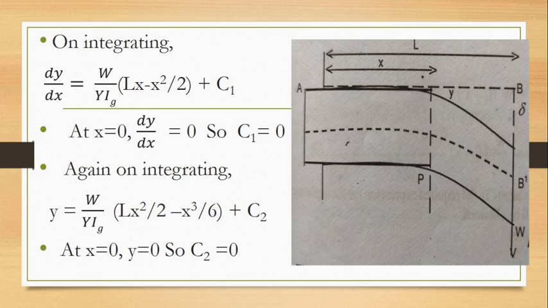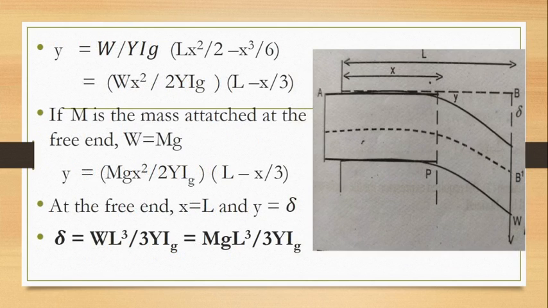Again we can substitute the condition: at x is equal to 0, y is equal to 0. On substituting x is equal to 0 and y equal to 0 in the above equation, you will get C2 is equal to 0. So what is y? y is equal to w by YIg into (Lx square by 2 minus x cube by 6).